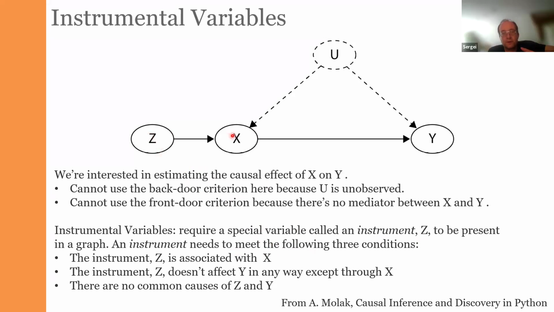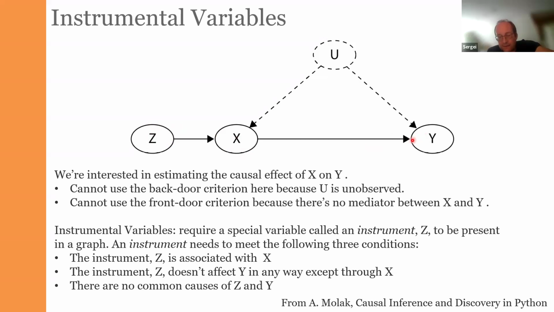It should be associated only with X, but not with Y. It should not affect Y in any way other than through X, and there should be no common causes between Z and Y. So Z affects only X, there is no common cause that will affect Z and Y, and all the effect of Z on Y is through X. This is essentially what we call a context. It is something that we know about our treatment, and all additional information that's relevant to X but not relevant to Y.